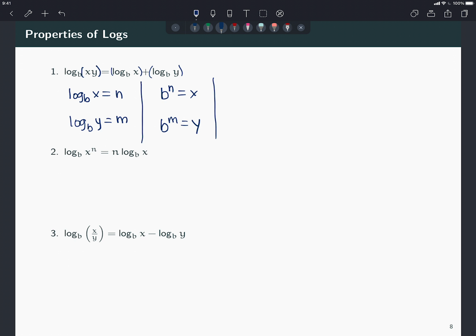Okay, so now our task is to try to find an expression for the log base b of x times y. Using these two substitutions, instead of x times y, I can write b to the n times b to the m.